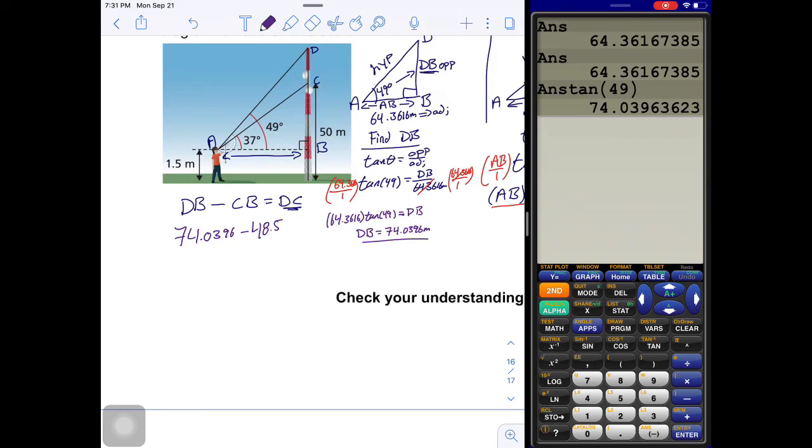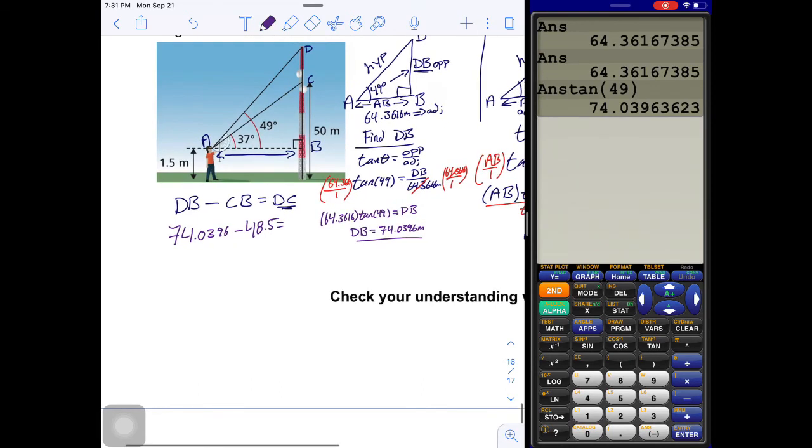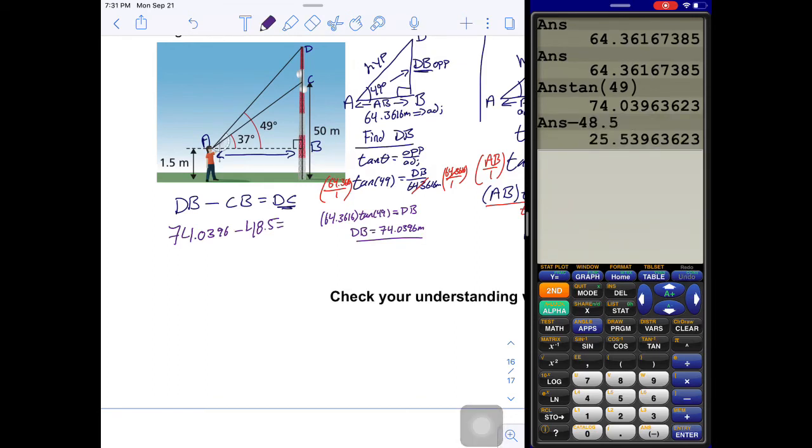So minus 48.5, and remember, I want this last answer, so second answer minus 48.5. So that gives me, I should probably move things over here.